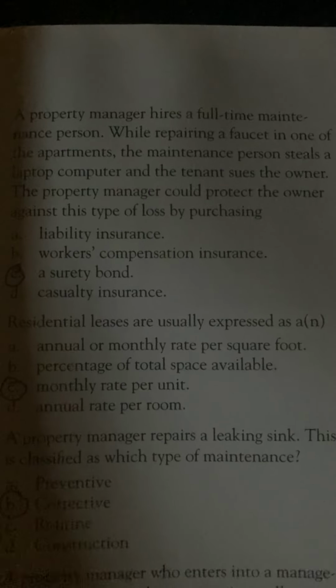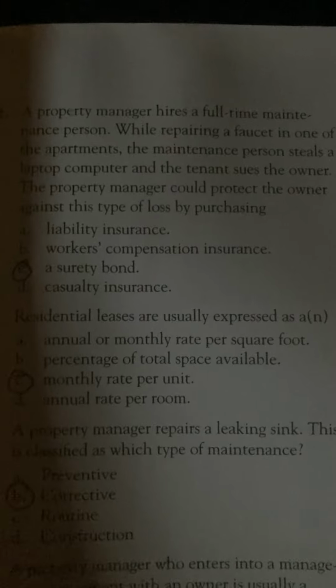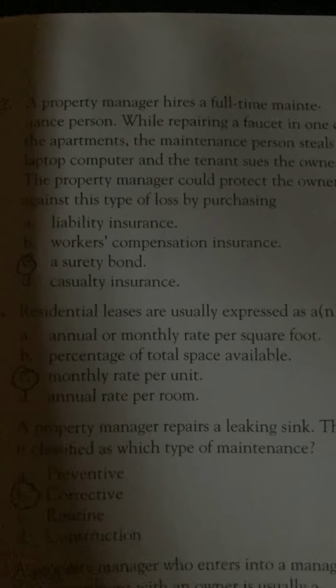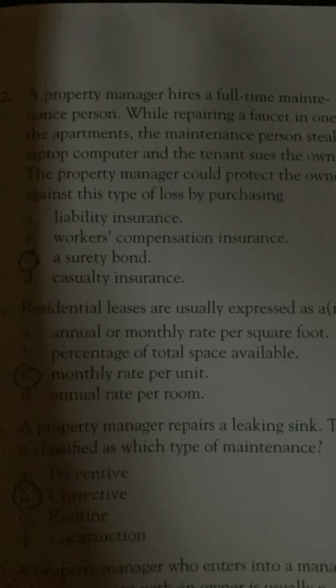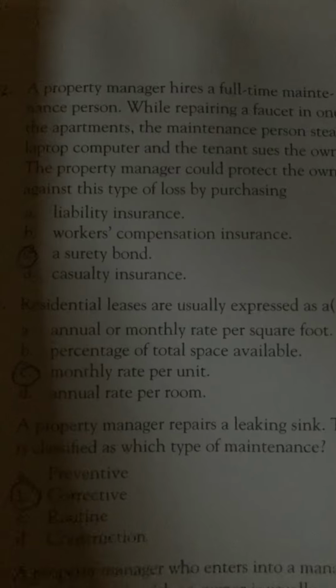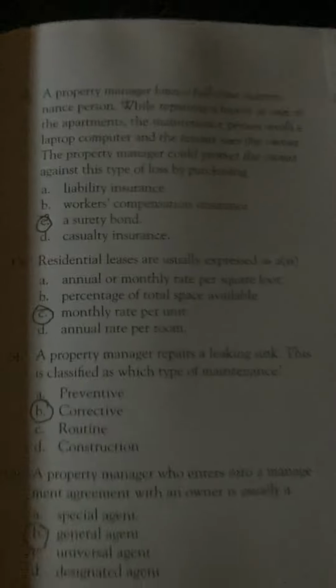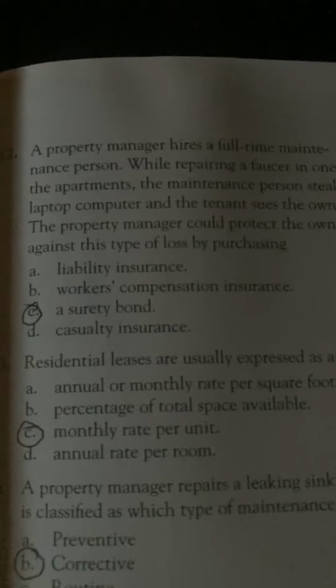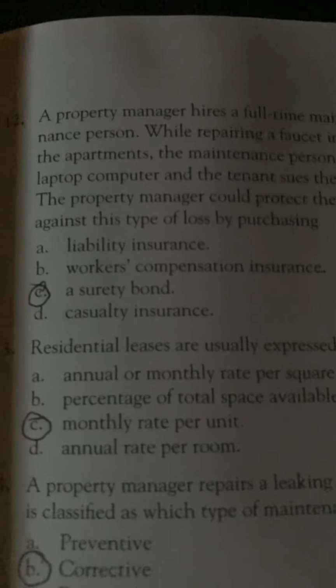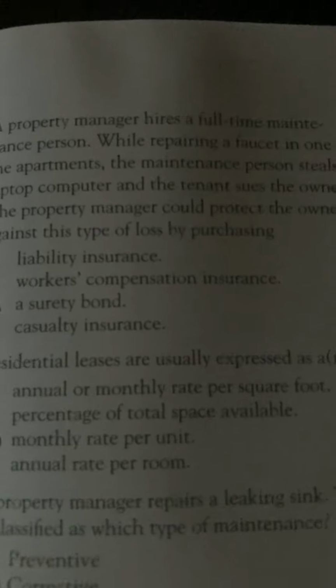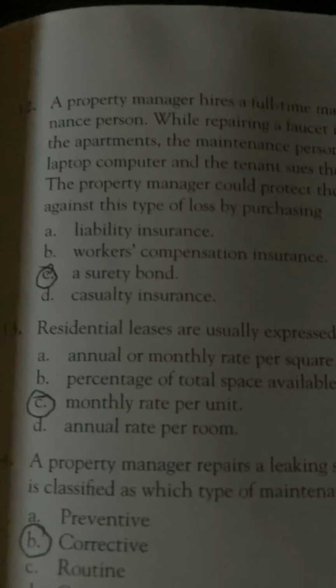The property manager could protect the owner against this type of loss by purchasing A, liability insurance, B, workers' compensation insurance, C, a surety bond, or D, casualty insurance. The answer is C, a surety bond.